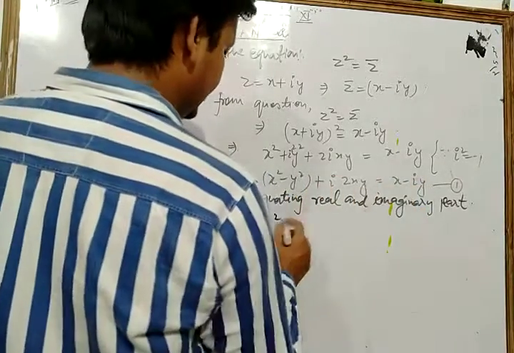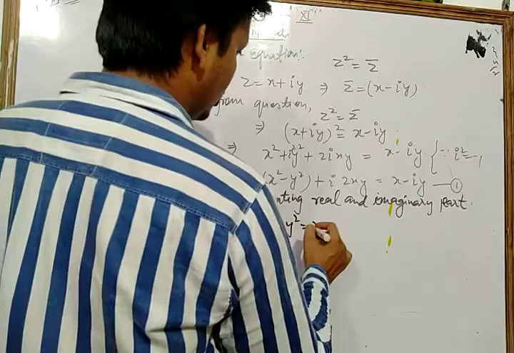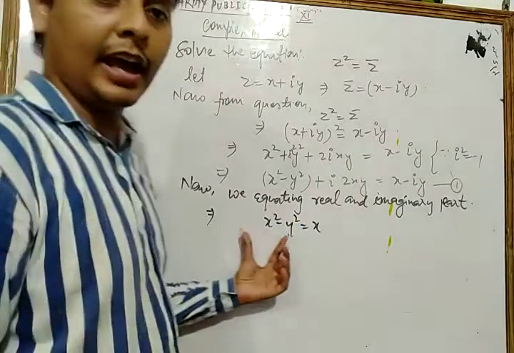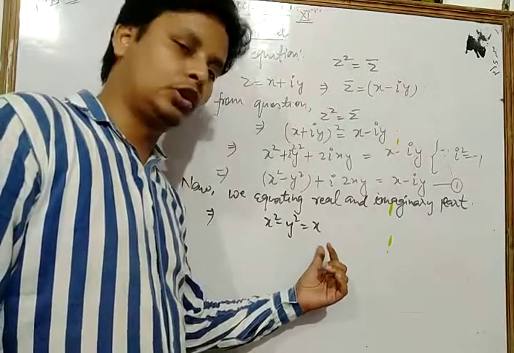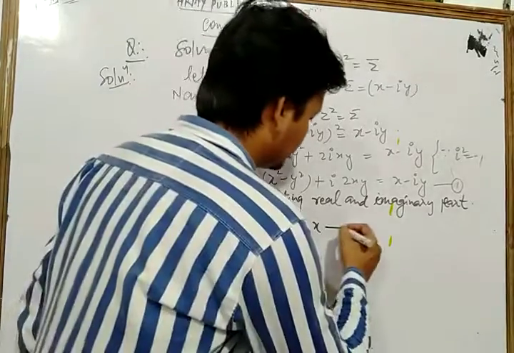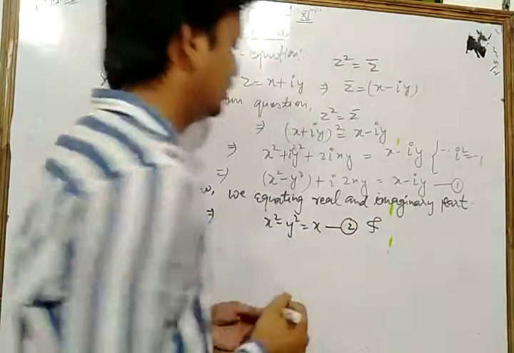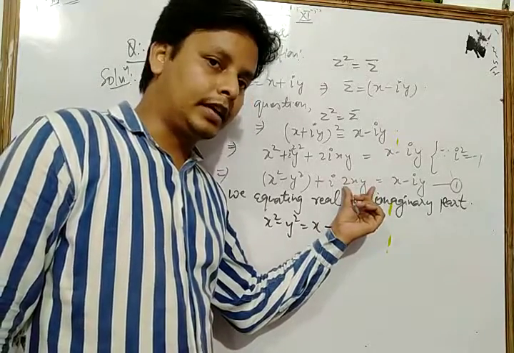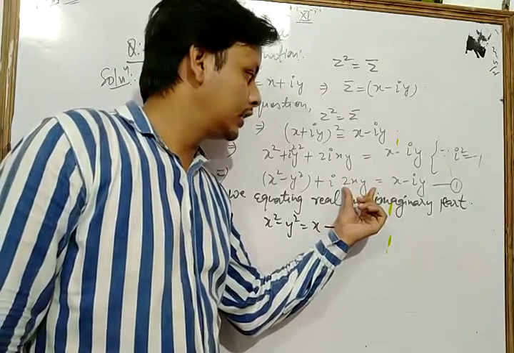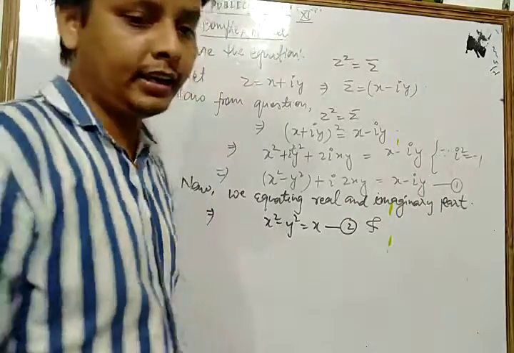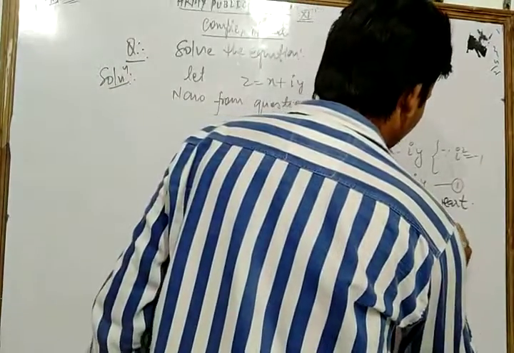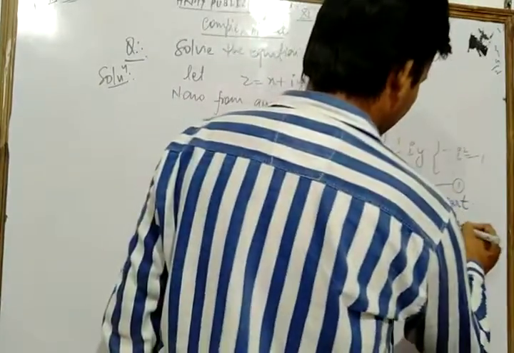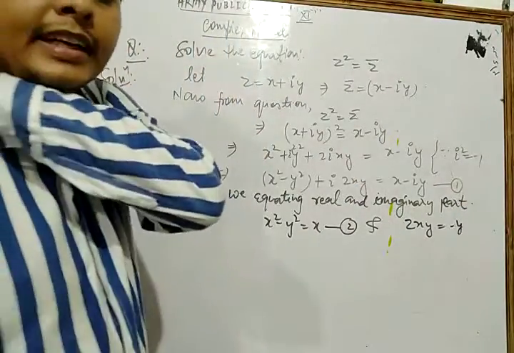The real part gives x square minus y square is equal to x. Take this as equation number 2. The imaginary part is 2xy, and 2xy is equal to minus y, since here we have minus iy.